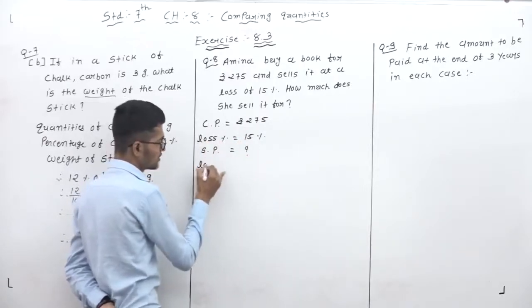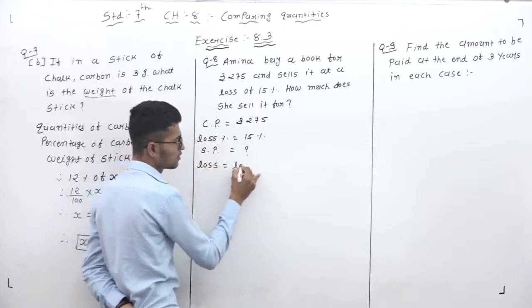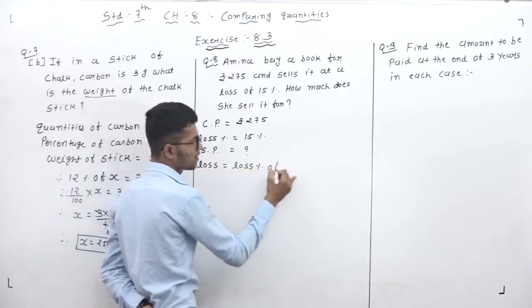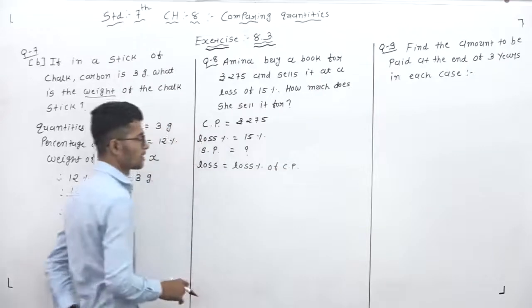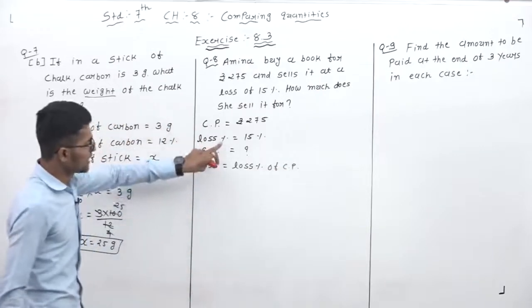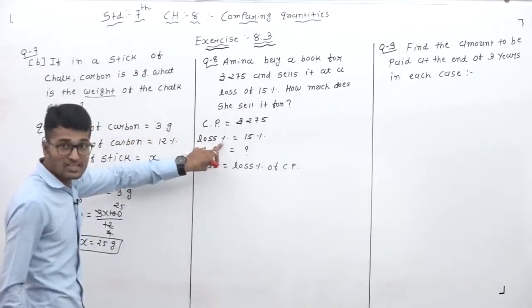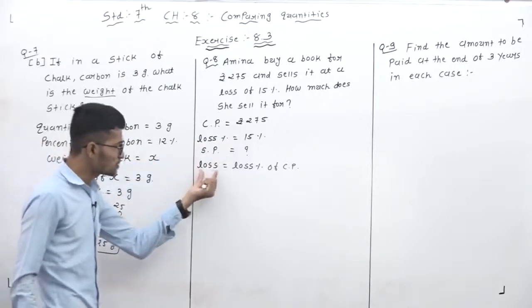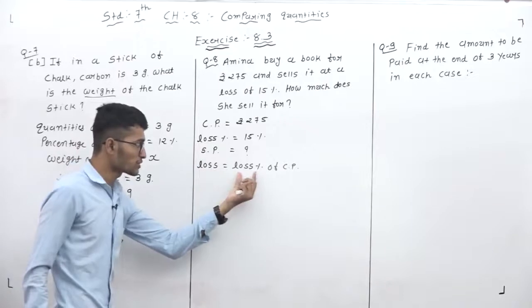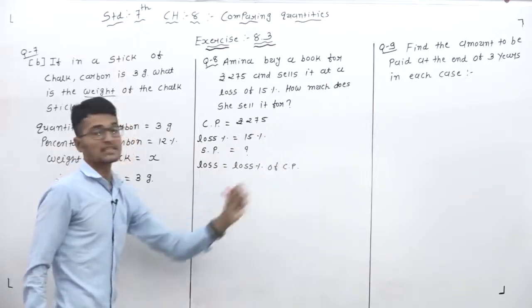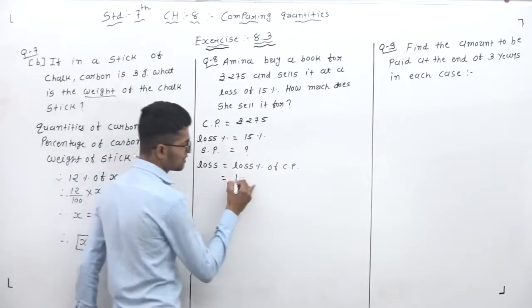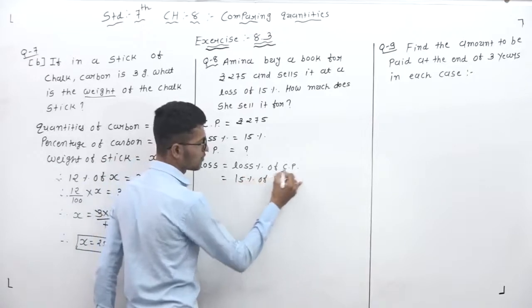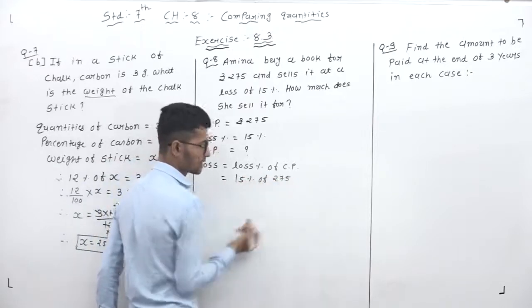So loss is equal to loss percentage of CP. See, one more time: here the loss is given in percentage, and we will find the loss in rupees. Loss is equal to loss percentage of the total, which is CP. So 15% of CP, which is 275.